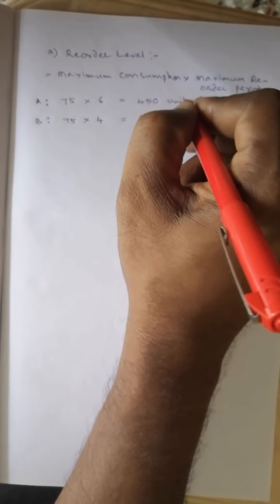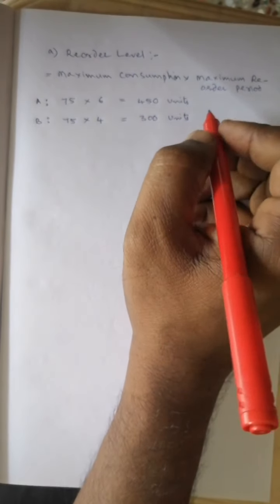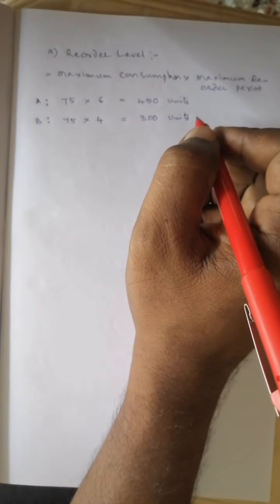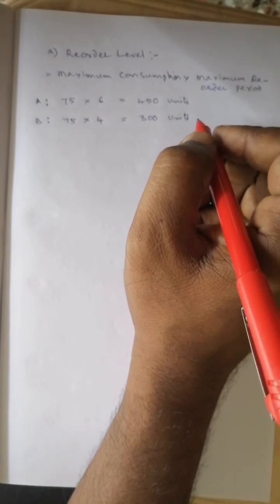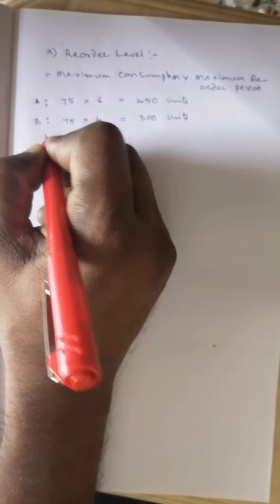So reorder level for A component is 450 units, reorder level for B component is 300 units.